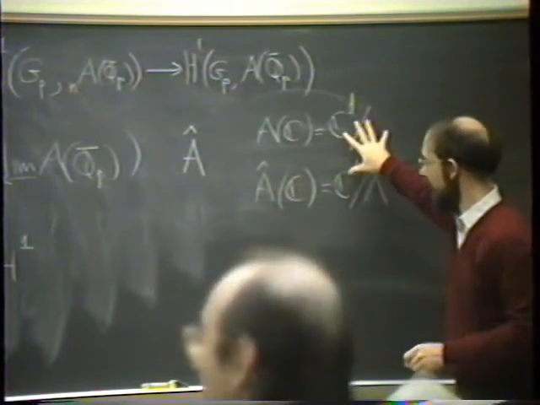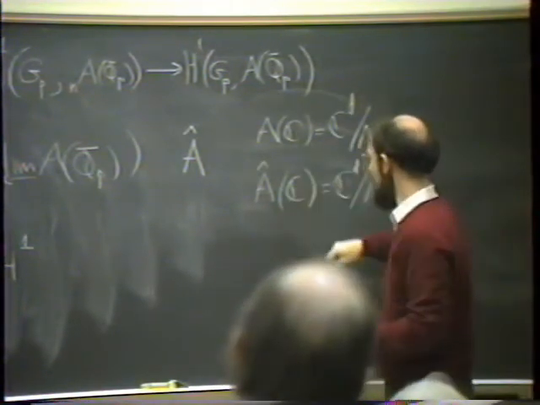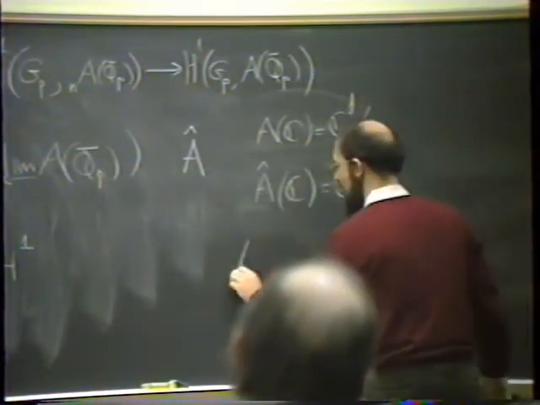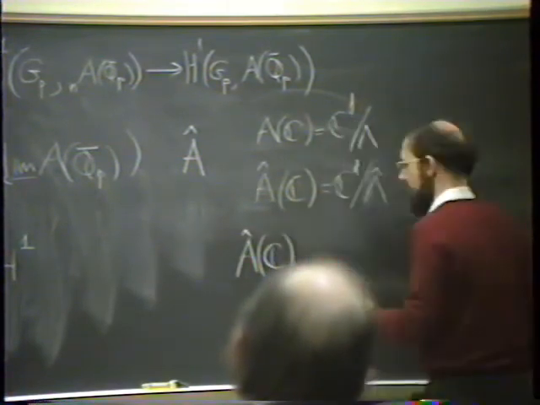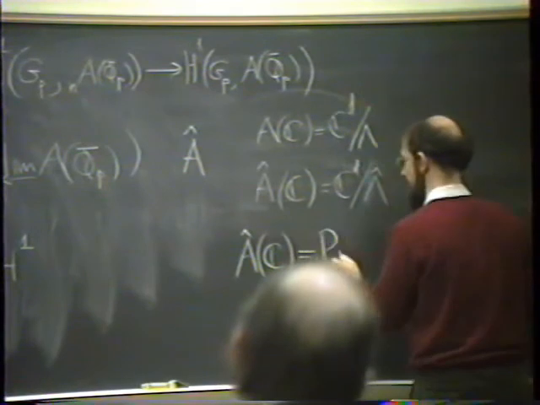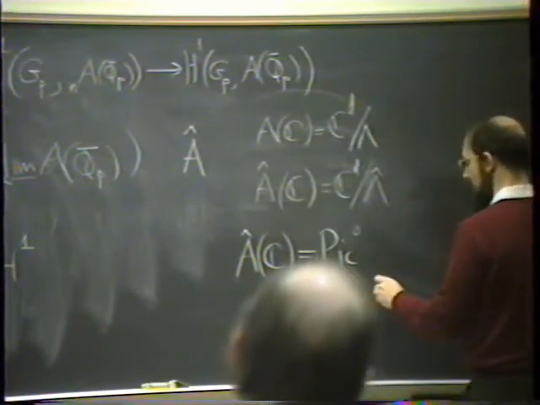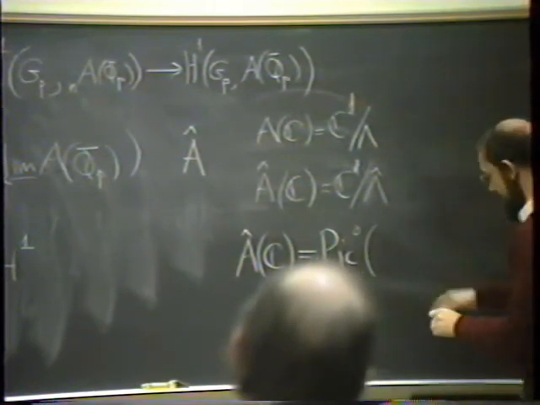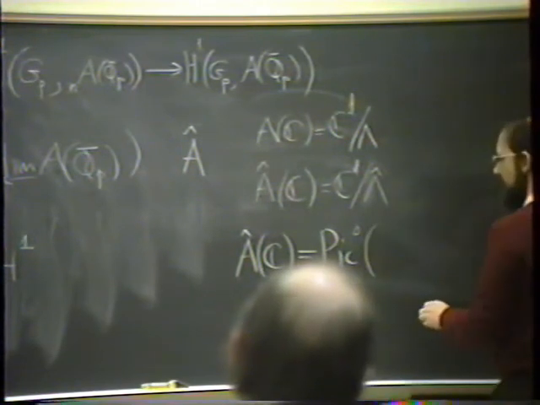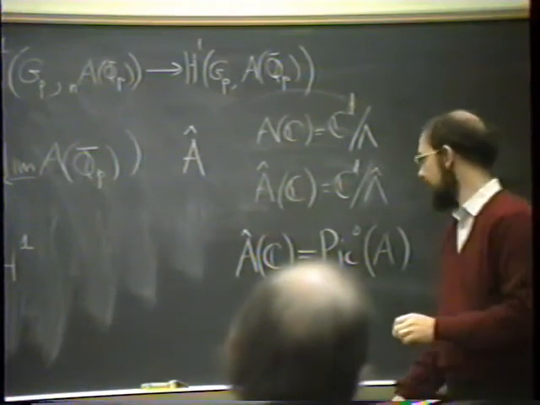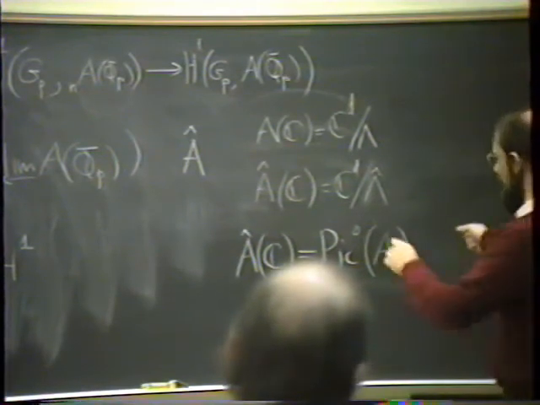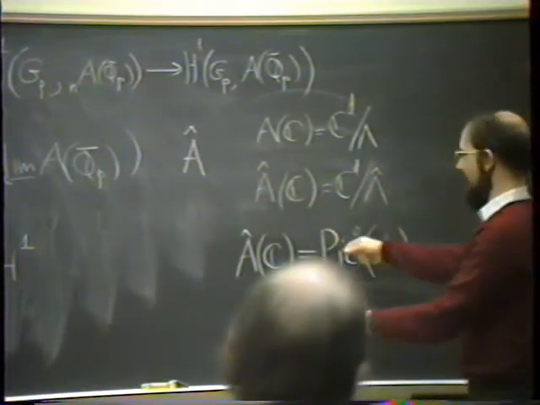And so there's a certain duality, and the point is that A hat of C is sort of the Picard group of line bundles, sort of topologically trivial line bundles on A. And vice versa. A hat hat is A again.